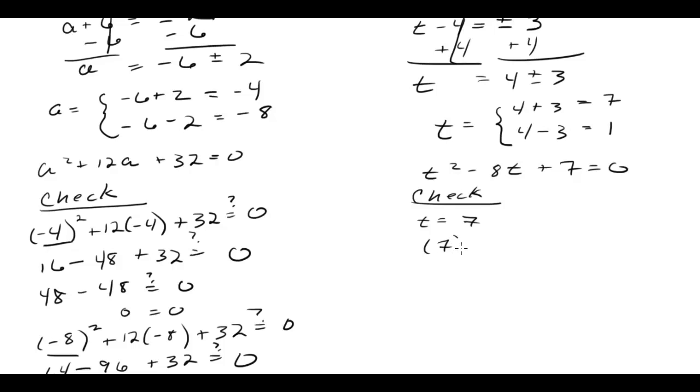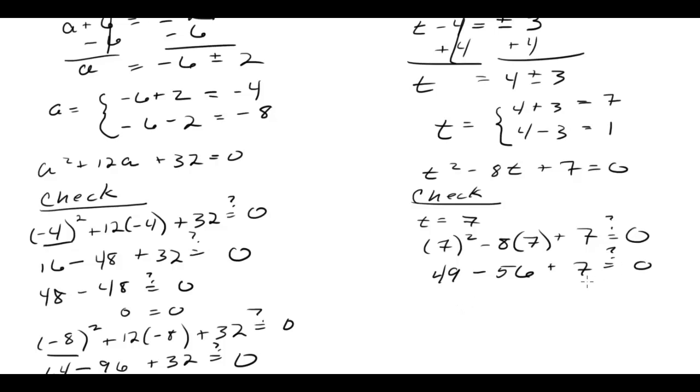That's going to give us 7 squared minus 8 times 7 plus 7. Ooh, 3 7s. 7, 7, 7. That's a lucky day. Does that equal 0? 7 squared, that's 49. Minus 8 times 7, that's 56. Plus 7. Does that equal 0?